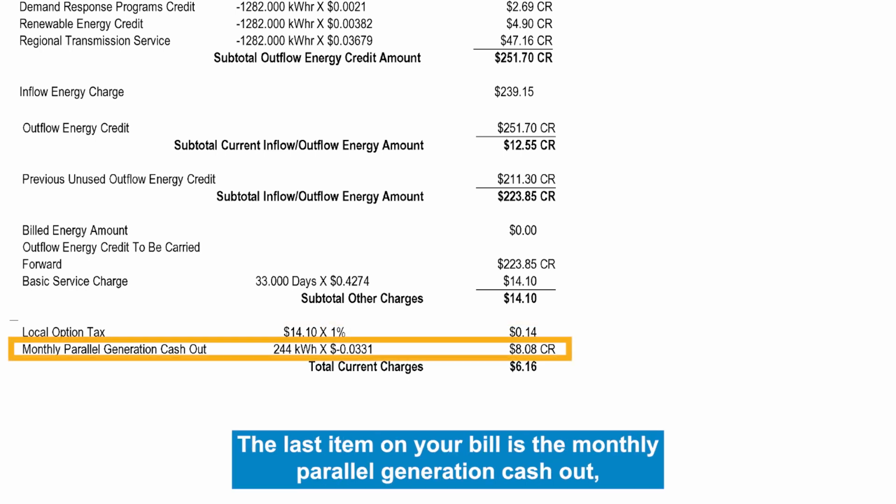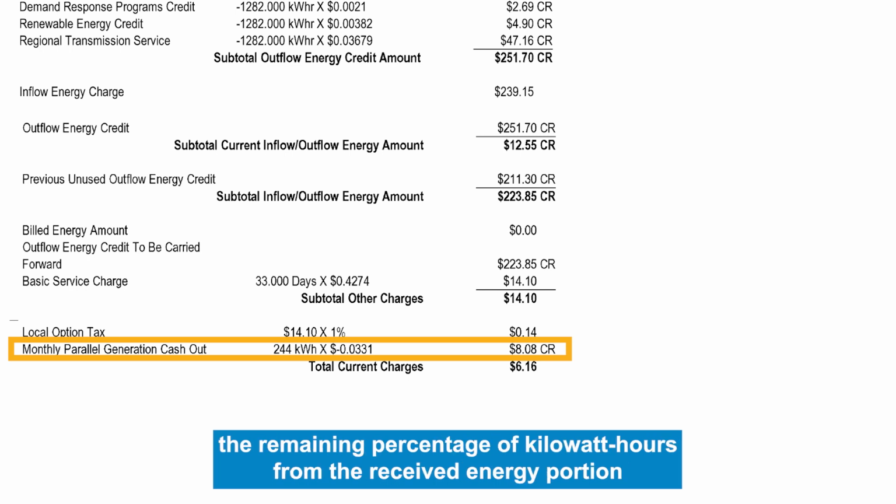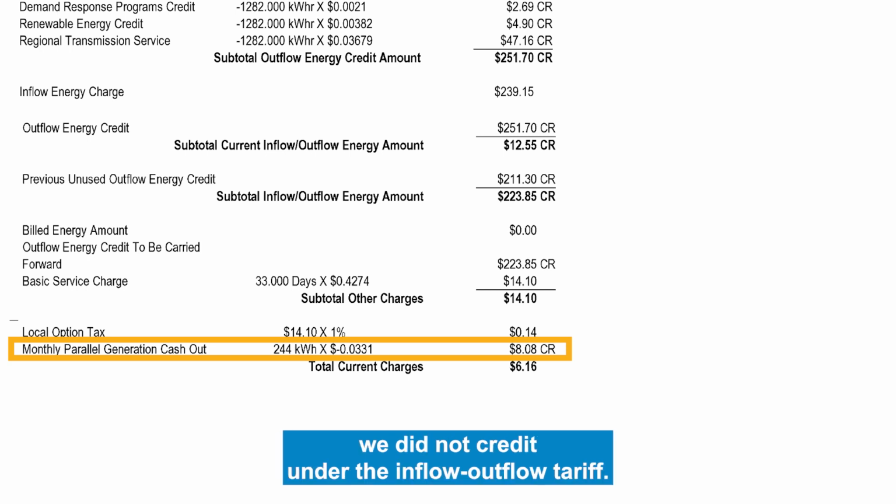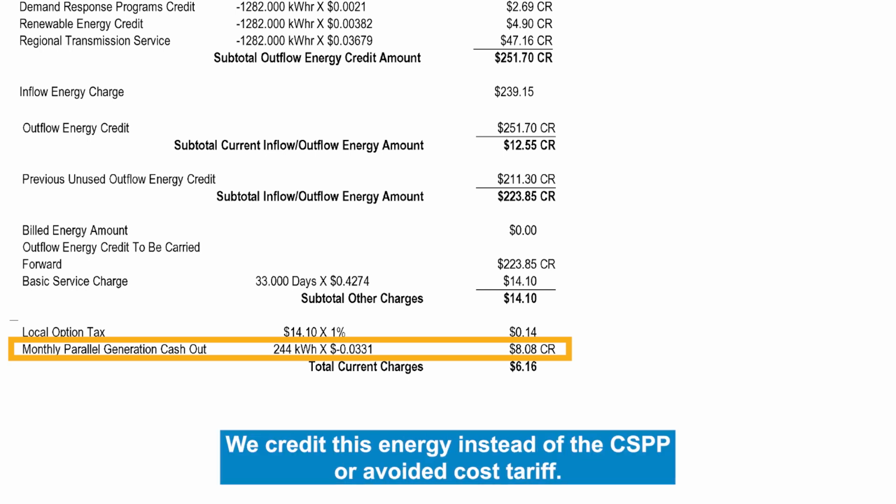The last item on your bill is the monthly parallel generation cash out, the remaining percentage of kilowatt hours from the received energy portion we did not credit under the inflow-outflow tariff. We credit this energy instead of the CSPP or avoided cost tariff.